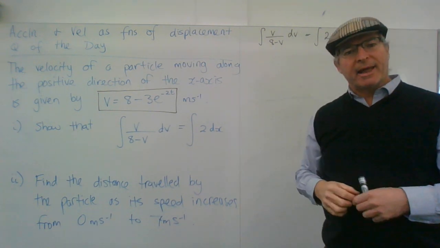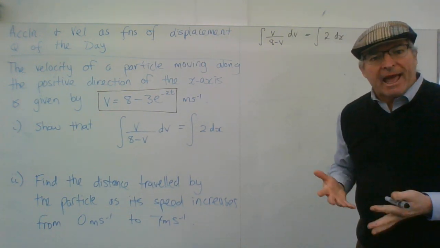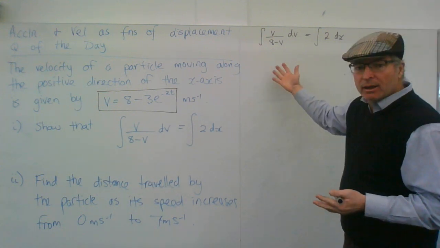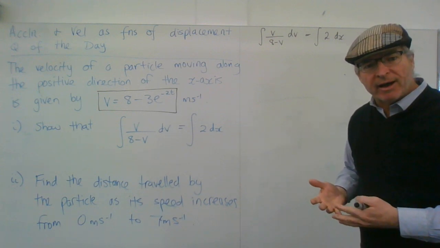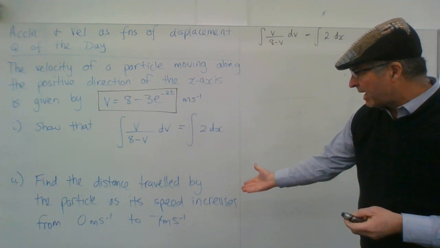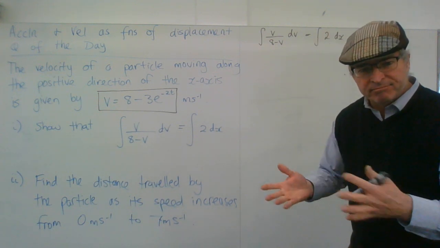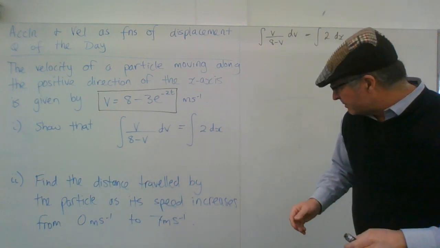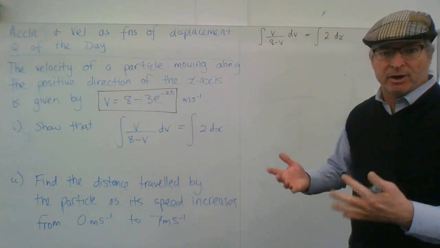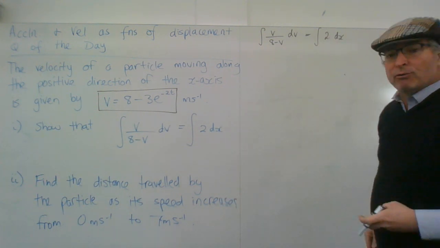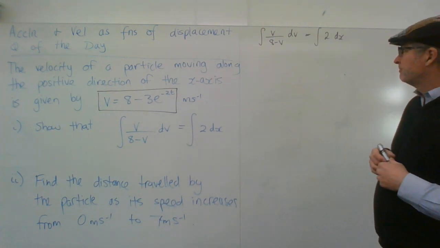What if we perform that integration, and what will we get? Well, we'll get velocity and displacement. We'll get the velocity as a function of displacement, and that's what question part 2 is about. Find the distance, which is an idea behind displacement, as its speed does something, which is an idea about velocity. So I think we should follow their lead and do that integration.